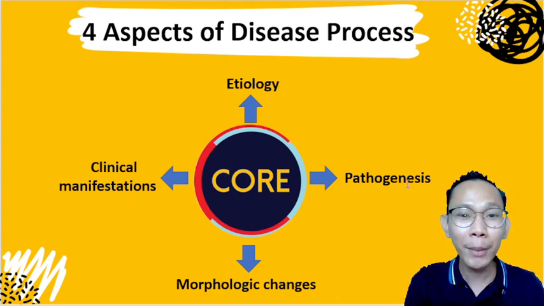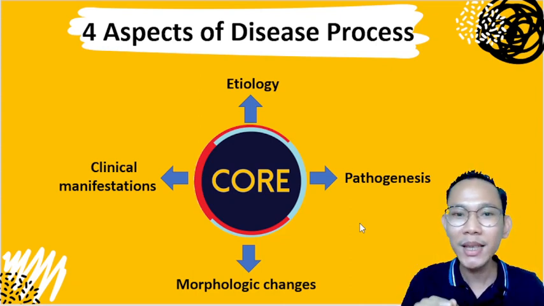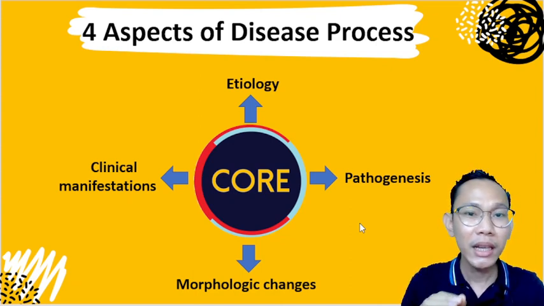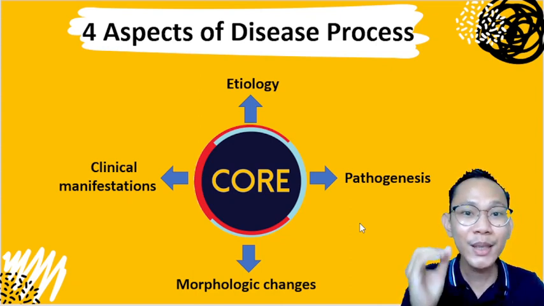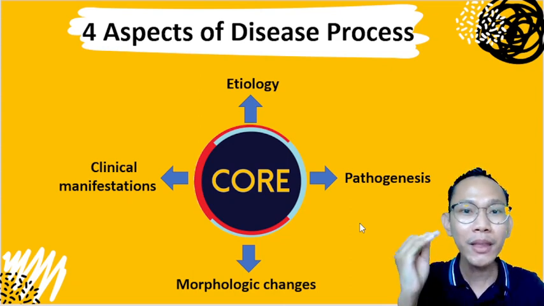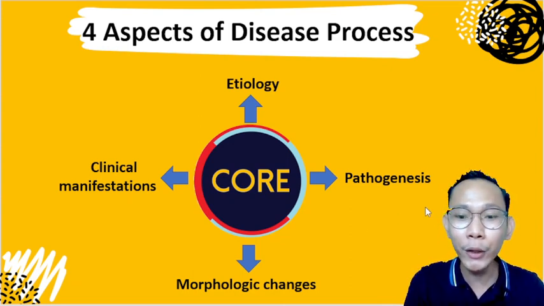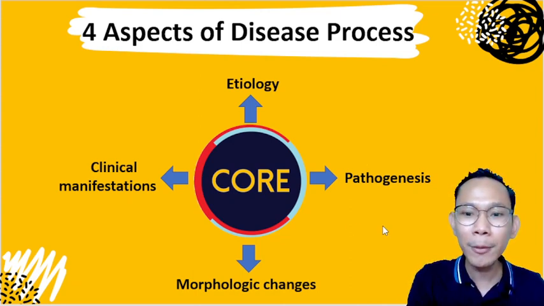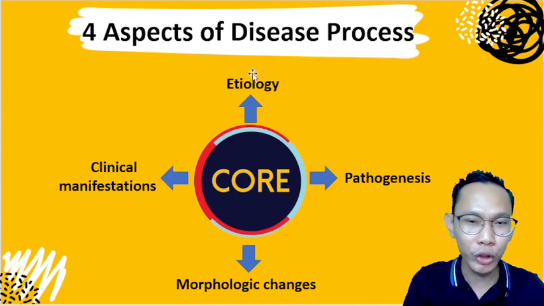We are talking about the beginning of the disease. But in pathogenesis, we are not only talking about the beginning of the disease, but we are talking about the development process of the disease. We are talking about the sequence of events or the mechanism of the disease. So, ano ang nangyayari sa atin? Kumbaga, sequence of events brought about by etiology.